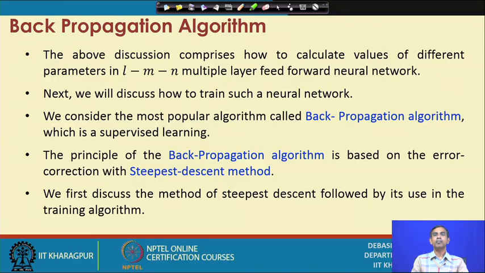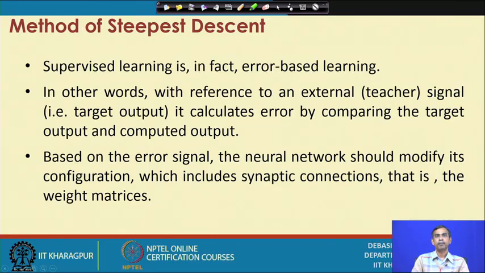So, it is basically an optimization problem. That means the objective function is to minimize the error value. For a given set of inputs, it will find the neural network parameters like V, W, L, M, N, theta, transfer function and everything, so that the error is minimum. That is why back propagation is called an optimization problem.